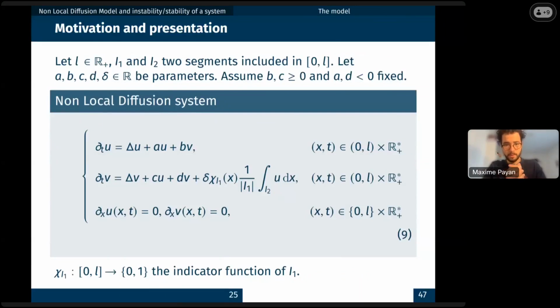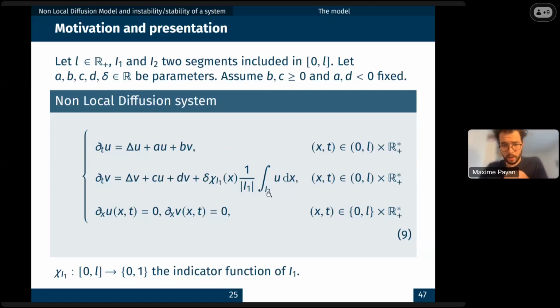It's a simpler one because there is just diffusion of U. U is destroyed, because A is negative, and created by V because B is positive. Then there is diffusion of the second species, created by U and disappearing at a rate D, and there is this non-local term.